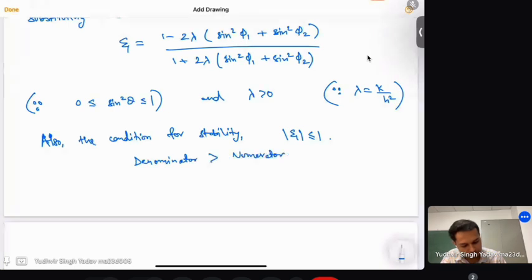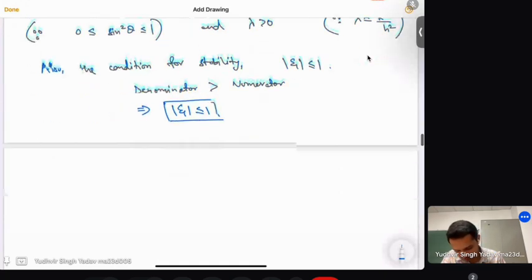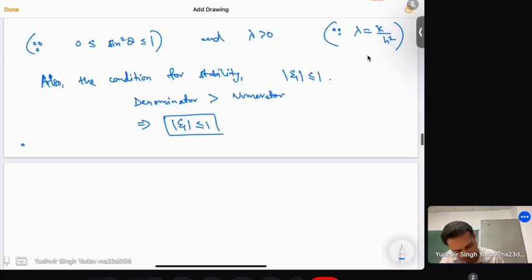Therefore, xi is always less than 1. So again, we can simply say that the Crank-Nicolson scheme for the two-dimensional heat equation is also unconditionally stable.